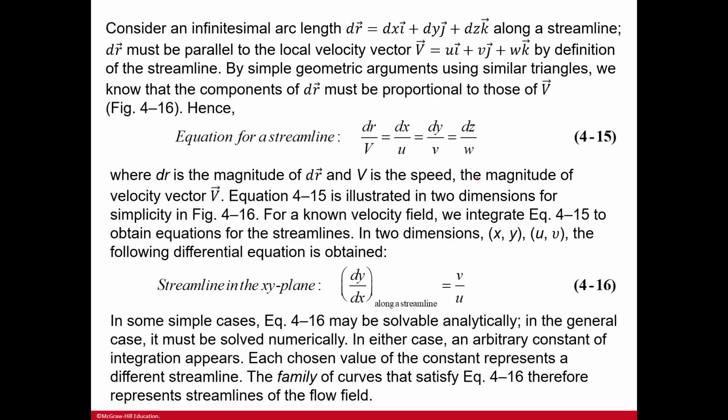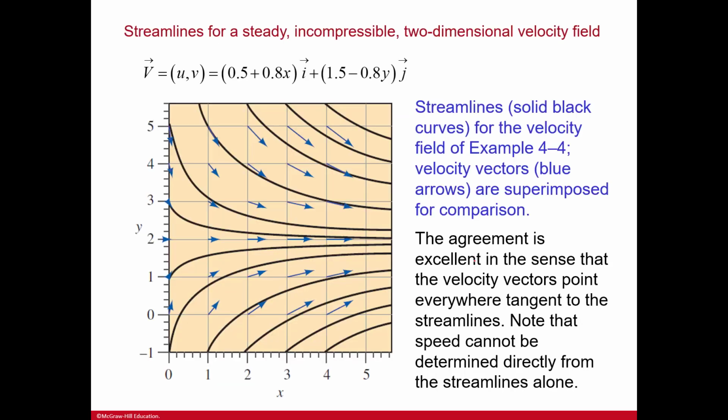Here's just the equation of a streamline and the streamline on an XY plane. And what this is doing is it's just saying, hey, this is how we can get these formulas, but this is what the formulas are. This is what we're concerned about. You can come back to this if you want to know the background of the birth of these formulas.